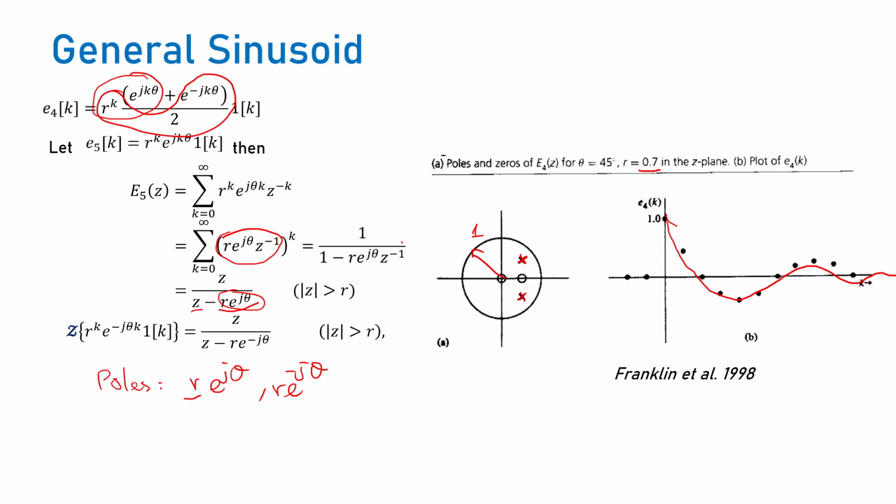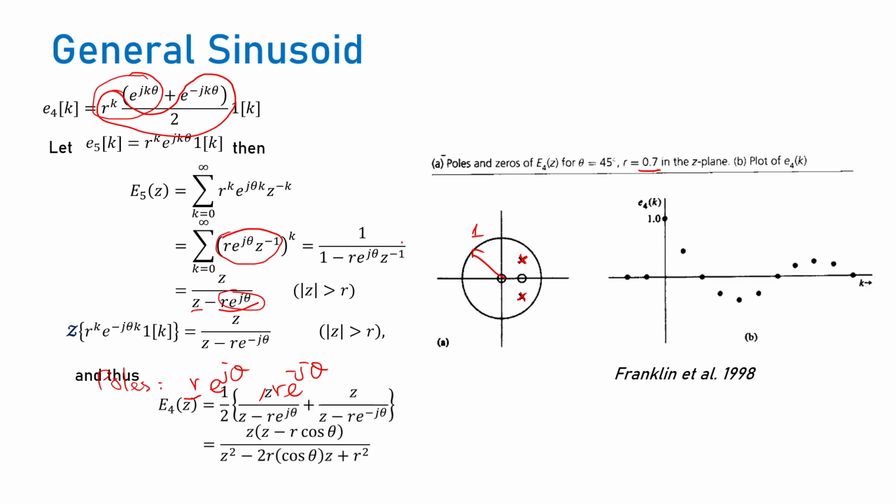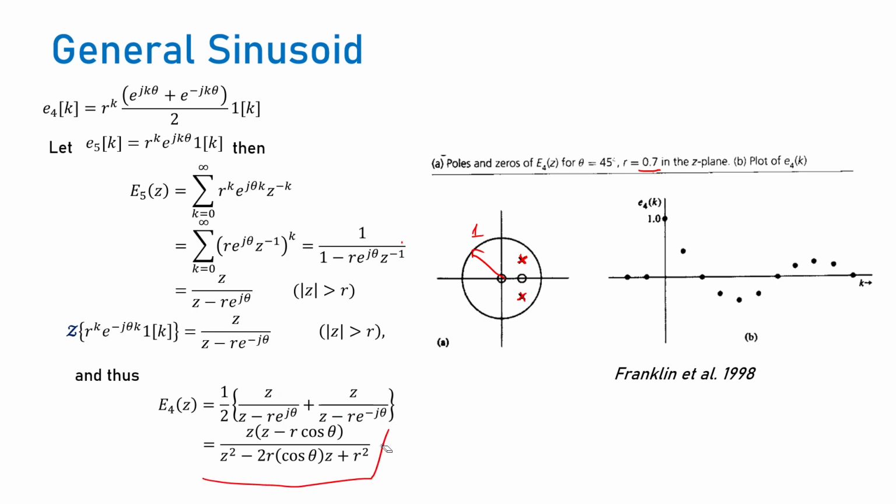Because the decay is from the exponential, that decays like this, right? So this is the final answer of the transform of the original function e_k. And then once you have these two terms, you add them up, and you get the final result.